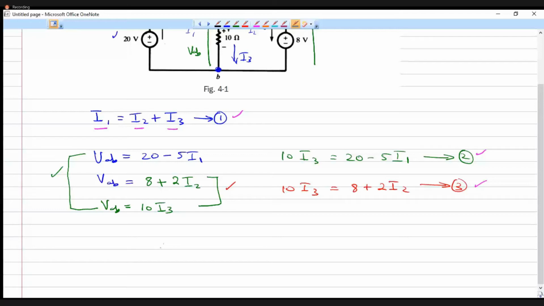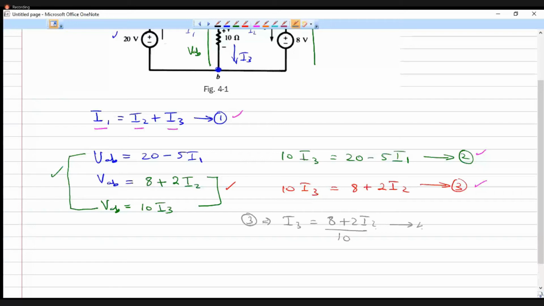So how do you approach these numerical problems? You eliminate one variable at a time. You can either take the third equation. From 3 we can say that I3 is equal to 8 plus 2I2 divided by 10. Then substitute this in.